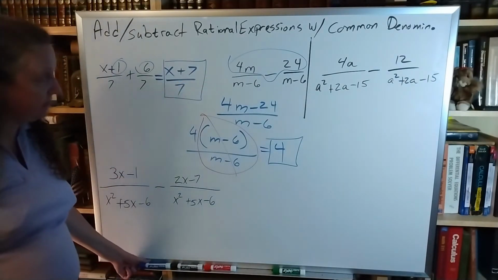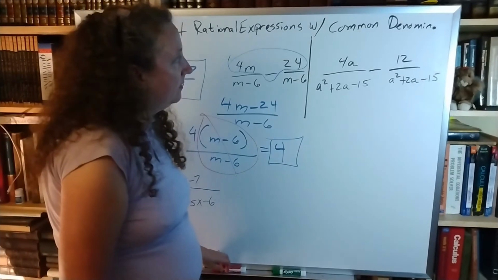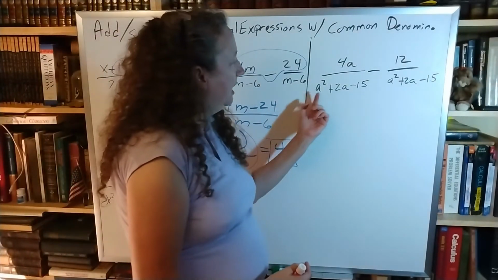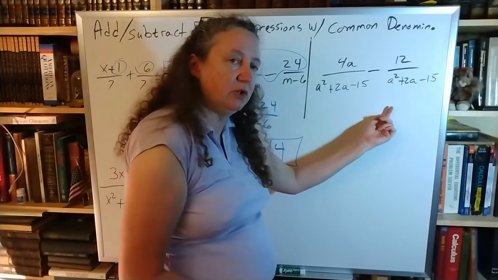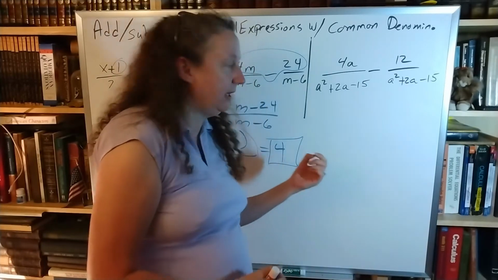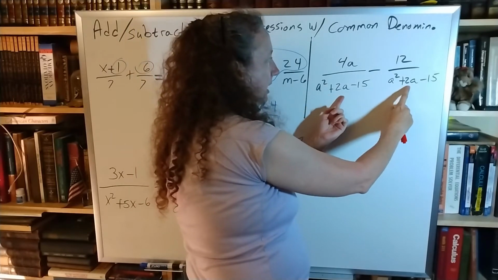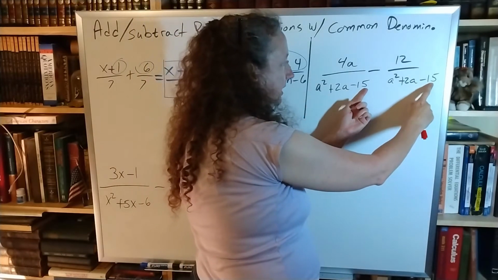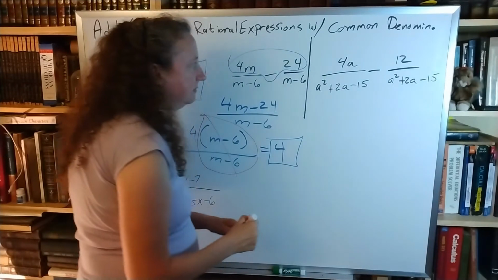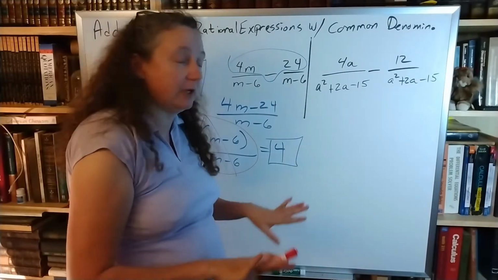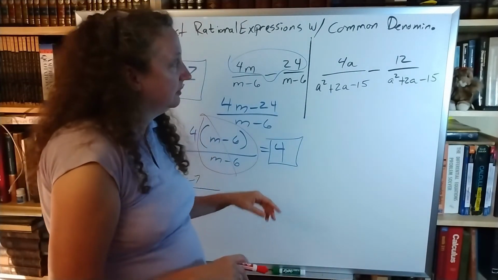Looking at my next problem over there, I have to make sure, do I have the same denominator? A squared plus 2a minus 15. Same denominator. So I don't have to worry about factoring the denominator.